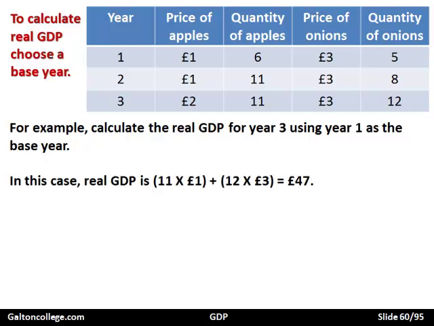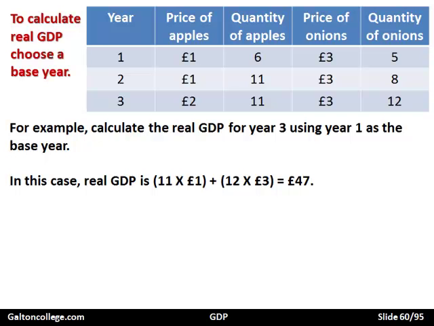Well, in this case, if we look carefully at the table, first of all, we'll deal with apples. In year 3, the quantity of apples is 11. 11 apples are produced. The price of apples in the base year, year 1, is £1.